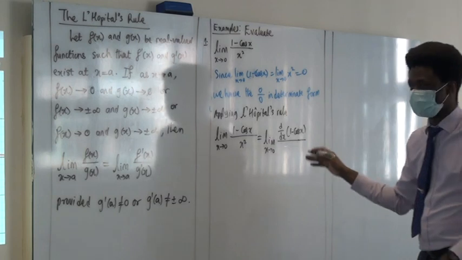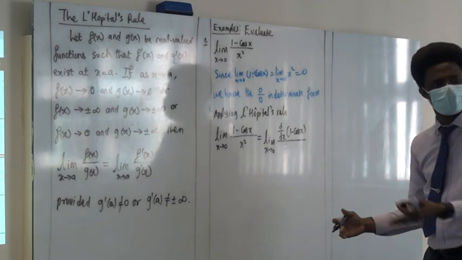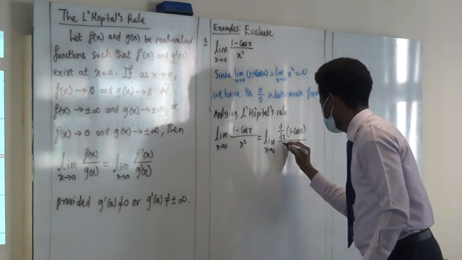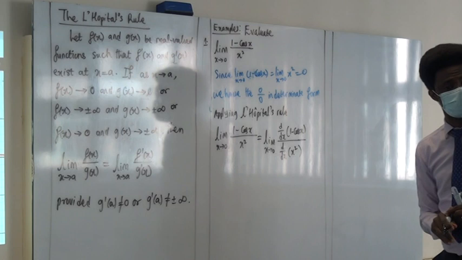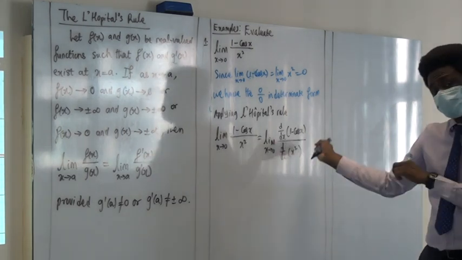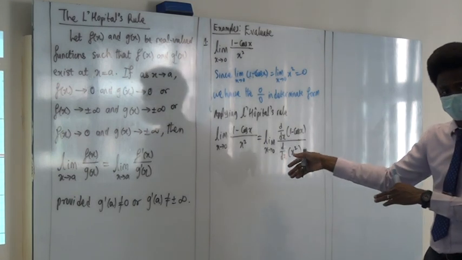When I'm doing the second example, I won't be this descriptive. This is just, if you forget something, you have something to look at. That's what L'Hôpital's Rule says. You can see, I haven't substituted, so I'm still going to continue carrying along the limit.